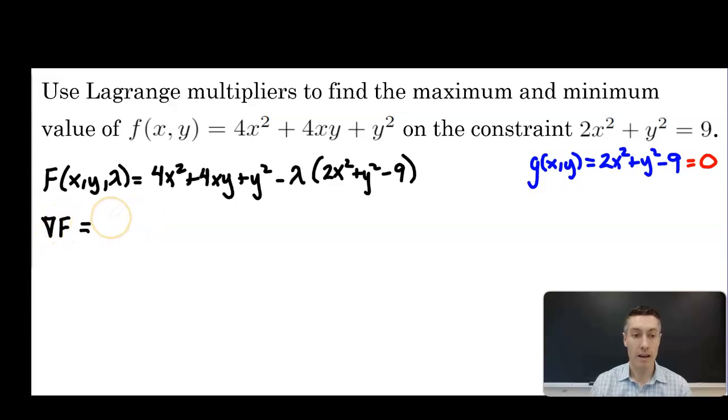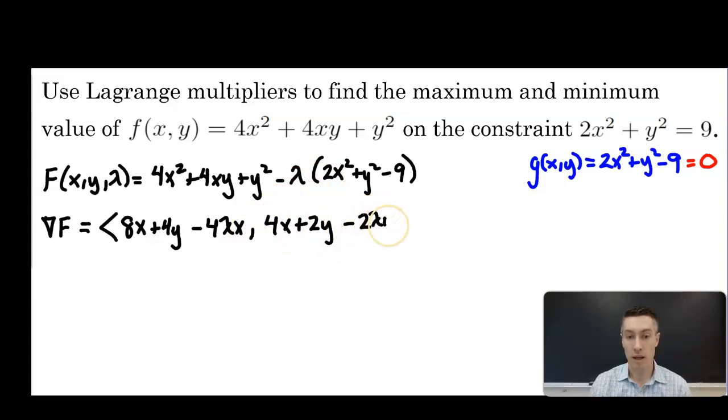So the gradient is going to be 8x plus 4y minus 4 lambda x, and then 4x plus 2y minus 2 lambda y, and then negative (2x squared plus y squared minus 9), forgot the 2 there.